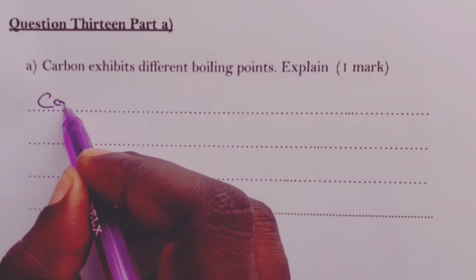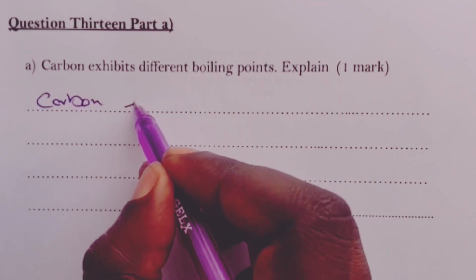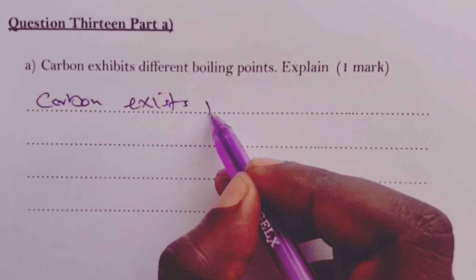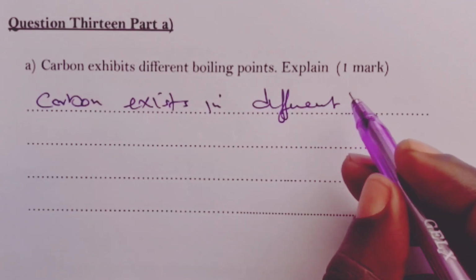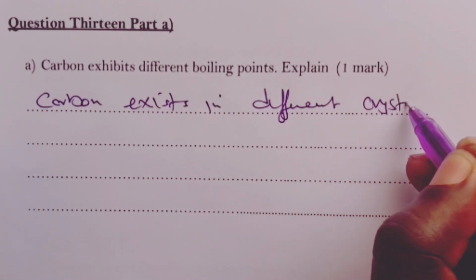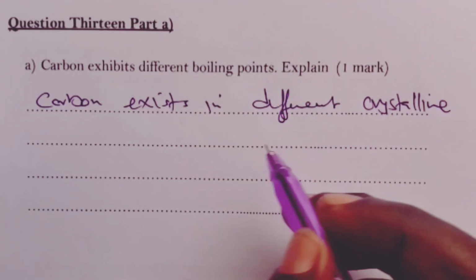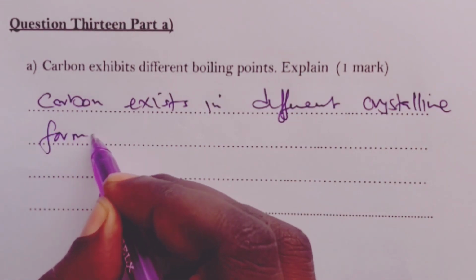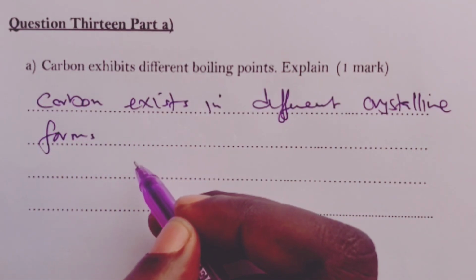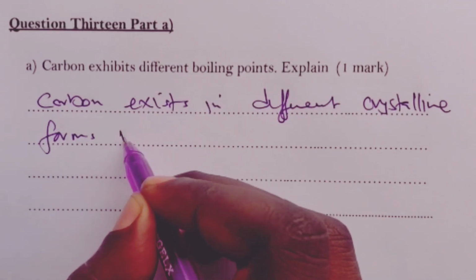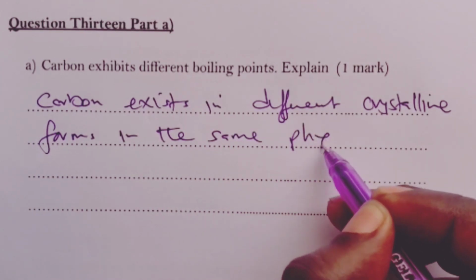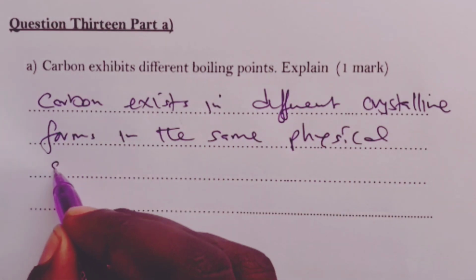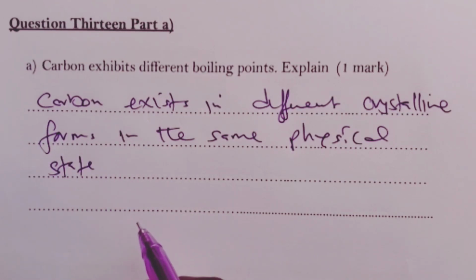So here we all know that carbon exists in different crystalline forms, what we normally call allotropes. So carbon exists in different crystalline forms in the same physical state. That is actually the meaning of allotropes.